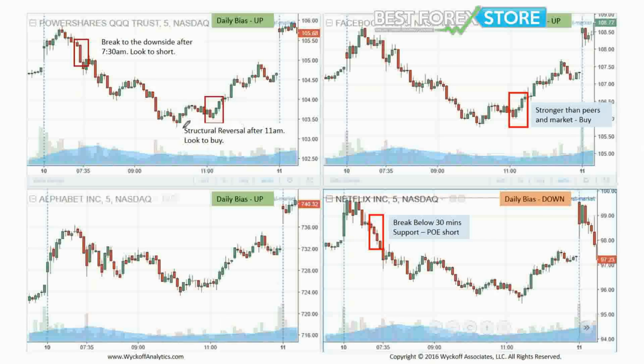So as I look at, let's say, this picture right here, it seems that the market is stronger than Google, but it's also a higher low, so also a possibility. But as I look at Facebook, it seems that Facebook is behaving much, much better than both Google and the market.